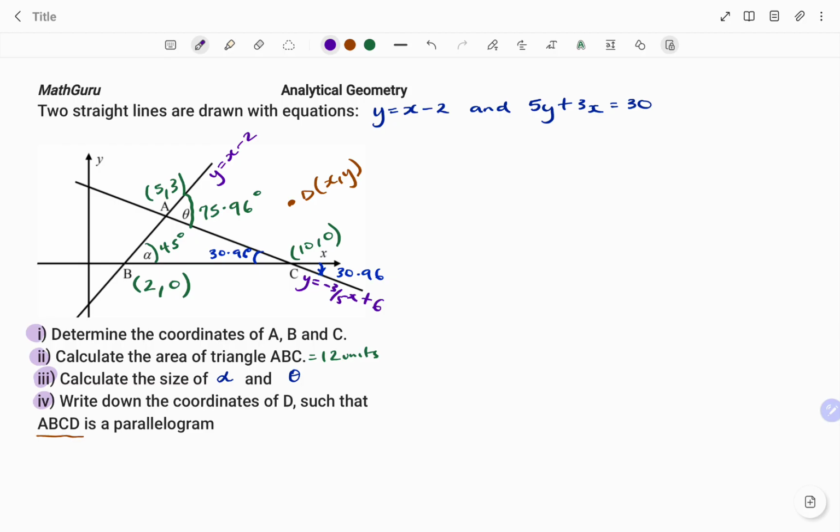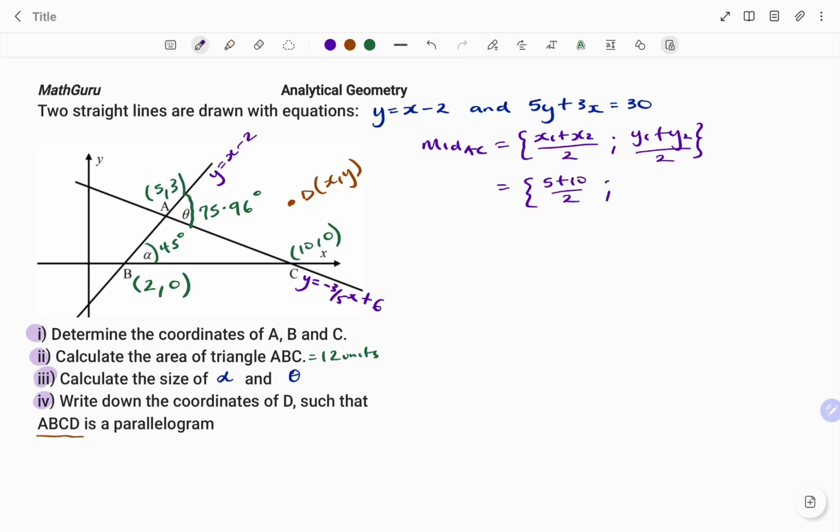So starting with the midpoint of the line AC, I have the midpoint of AC will be equal to, using the formula, x1 plus x2 divided by 2, then y1 plus y2 divided by 2. Putting in my values for AC, that's going to be 5 plus 10 divided by 2.